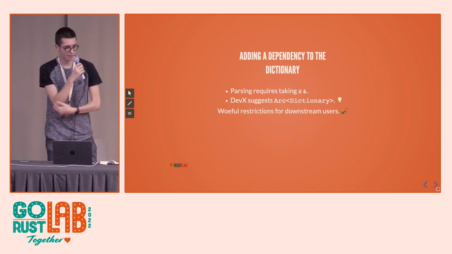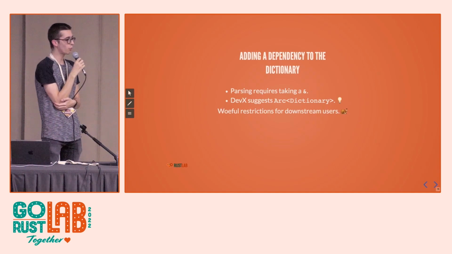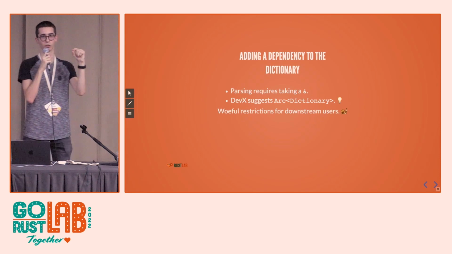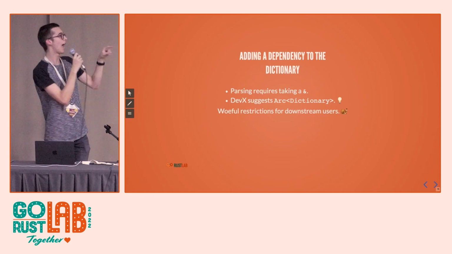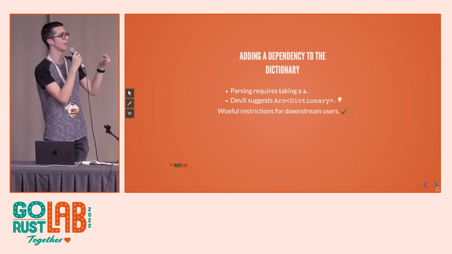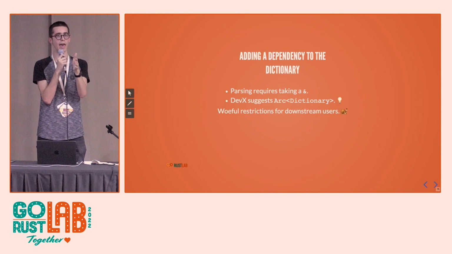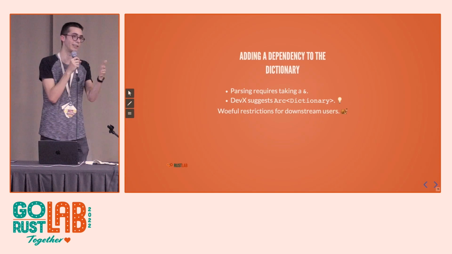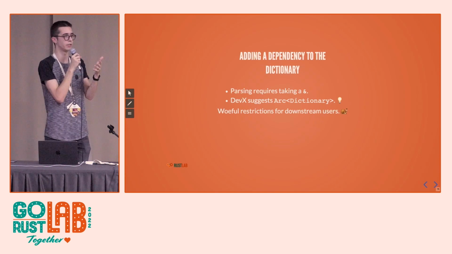And so at this point, what we would do is we would take the parse function from earlier, and we would simply add a reference to the dictionary so that every time we meet a tag, we can see whether it is a data tag, a group tag, or a normal tag.